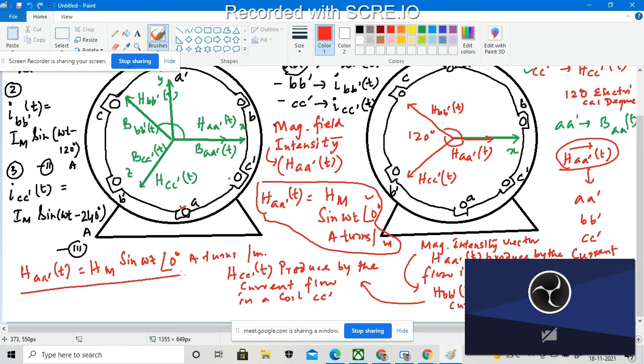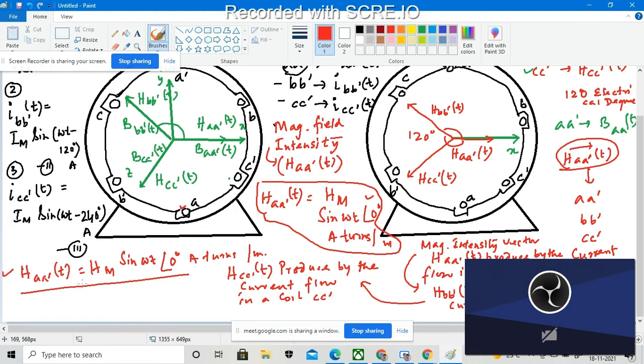This will be my equation. The 0 degree is the spatial angle of the magnetic field intensity vector.